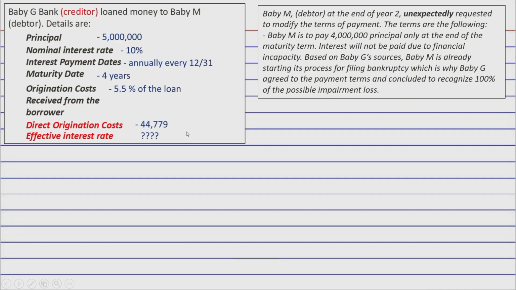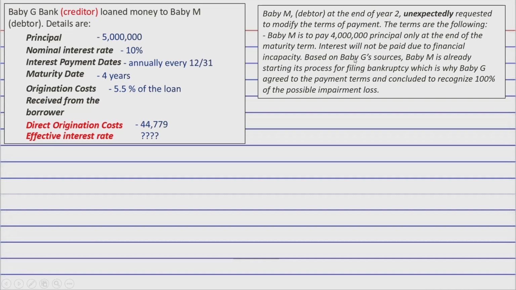Now, for the twist, Baby M, the debtor, at the end of year 2, unexpectedly requested to modify the terms of the payment. So the terms are the following. Baby M is to pay 4 million principal only at the end of the maturity term. And interest will not be paid already due to financial incapacity.